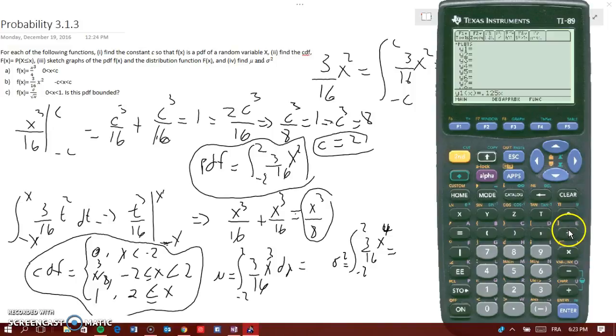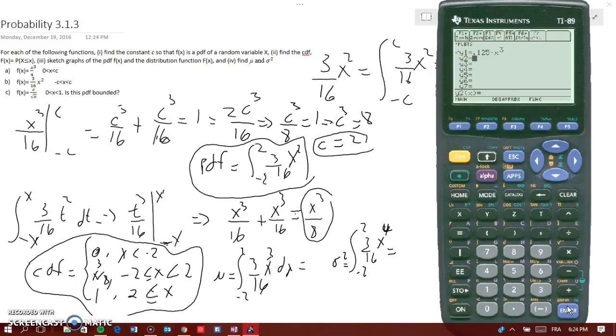Let's see, is it power of 3 or power of 2? No, it's actually x to the power of 3. That's right. So x to the power of 3, and then enter.